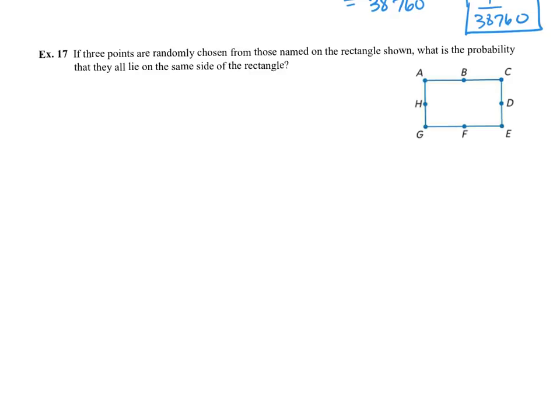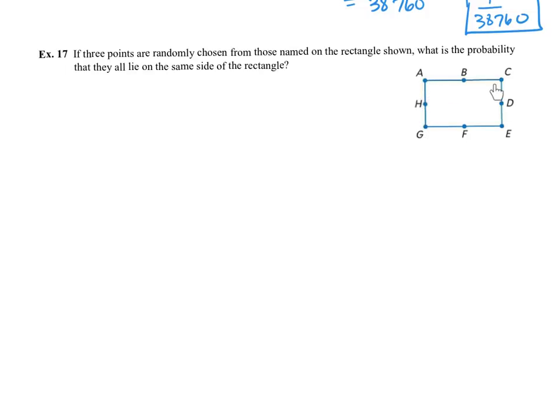All right, and then our last example says if 3 points are randomly chosen from those named on the rectangle shown, what is the probability that they all lay on the same side of the rectangle? Okay, if we count, there are a total of 1, 2, 3, 4, 5, 6, 7, 8 points.